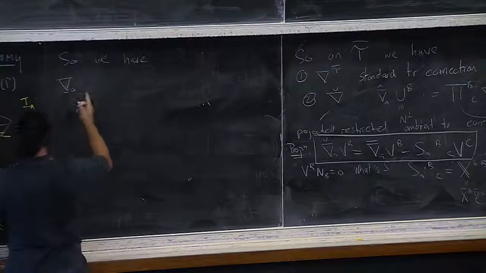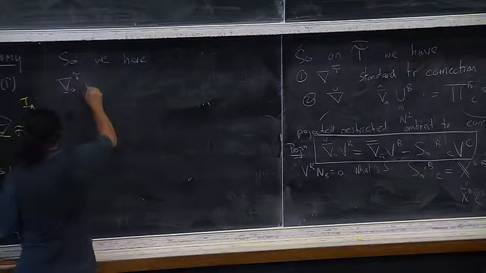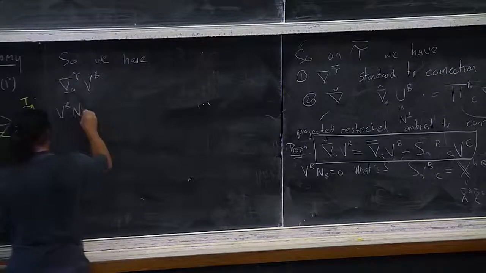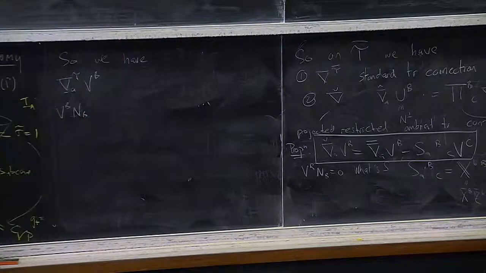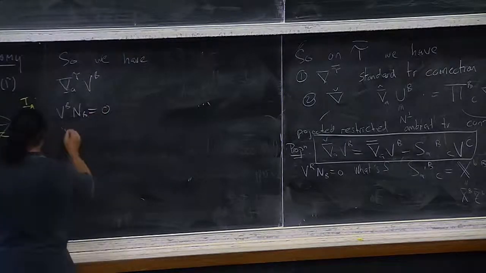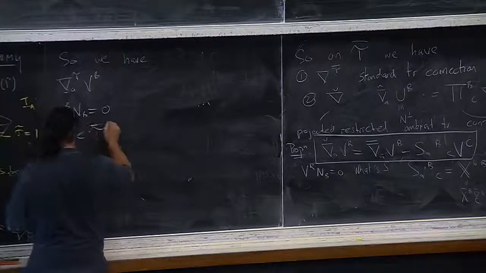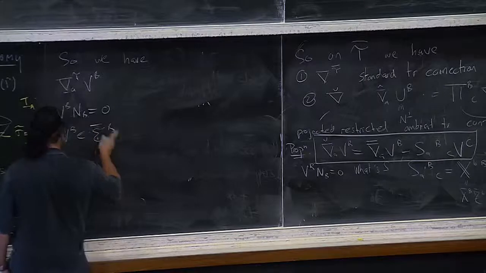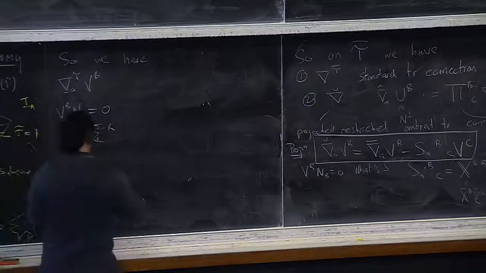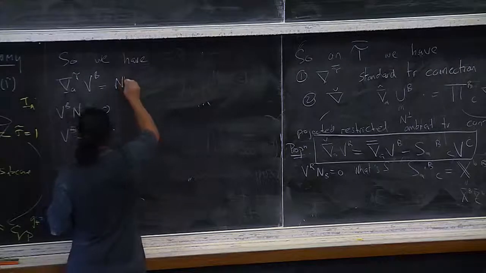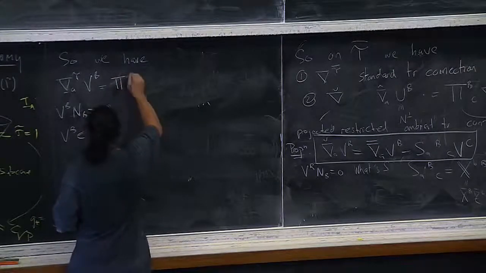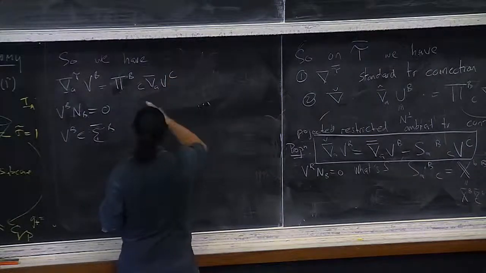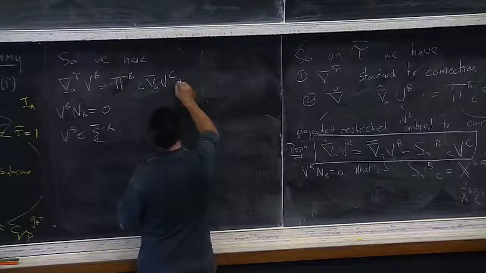If you act in the tangential directions with the ambient tractor connection on one of these vectors which is orthogonal to the normal tractor, so you can think of it as being in the submanifold tractor bundle, if you like, then this is equal to the tractor projection, and then I have to fix up the damage I just did.